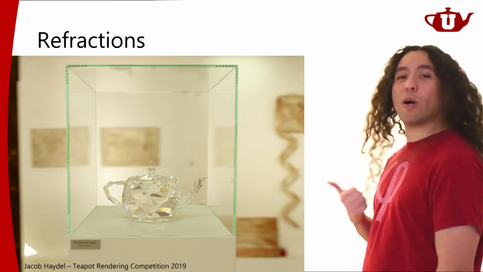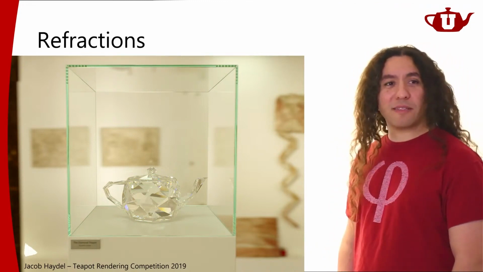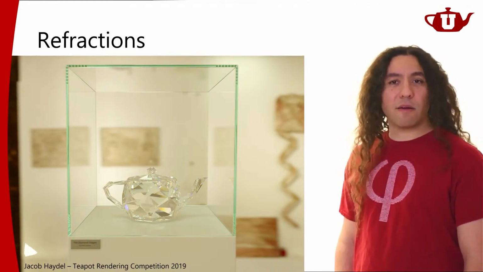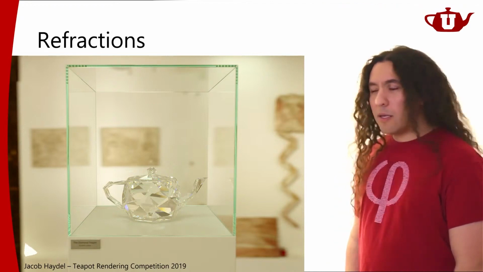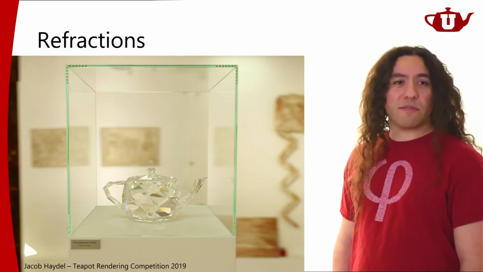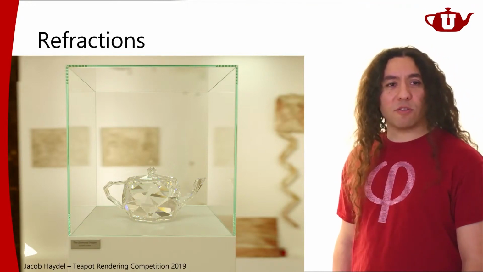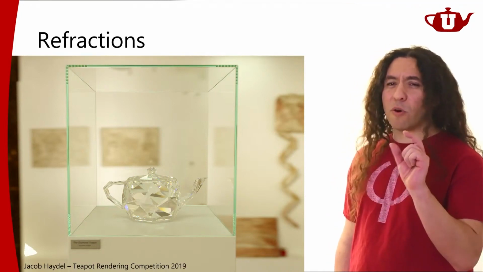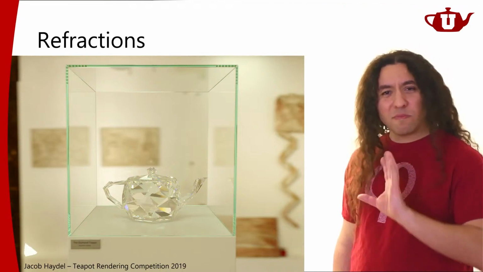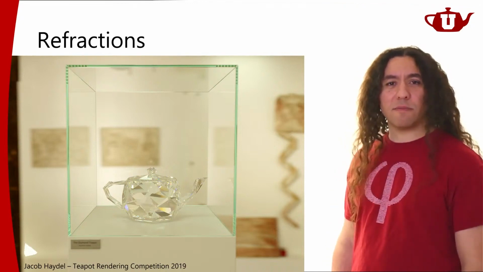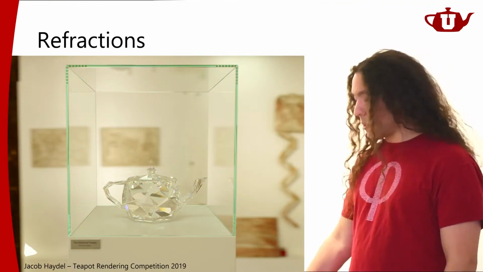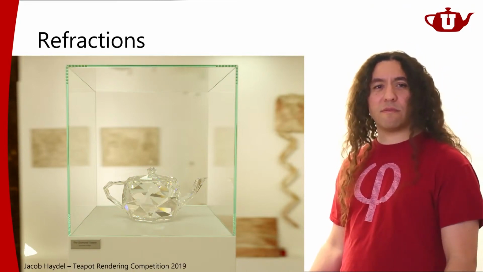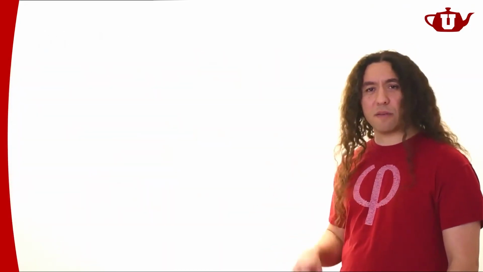This was actually just one frame from a very nice video that he rendered. But the point that I'm trying to make here is that computing refractions is not too much more difficult than computing reflections. Basically the same concept. You just trace a ray in a different direction. All right, there's a few more details, but still the concept is very, very similar. All right, so I'll leave the discussion of refraction here for the time being.